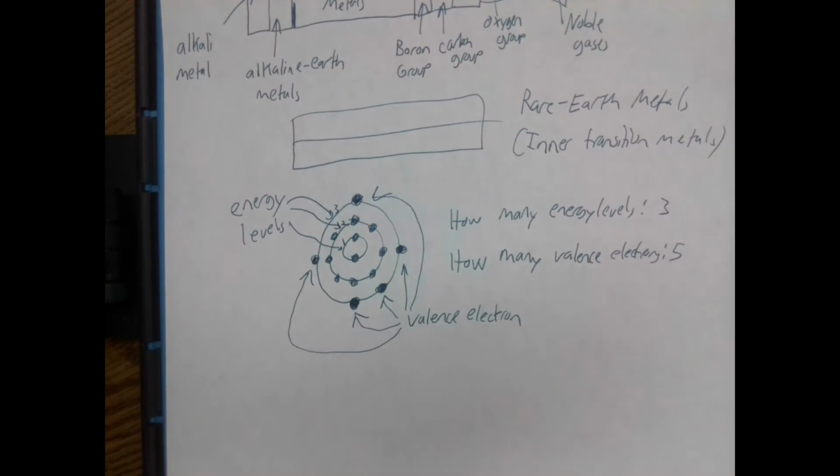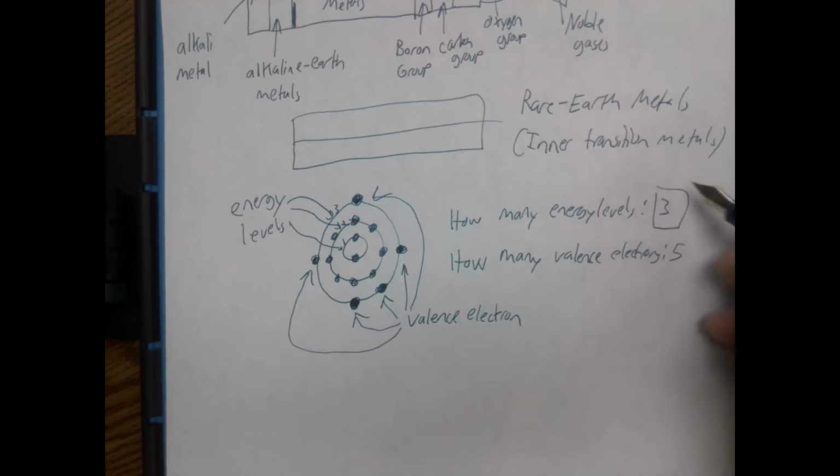Which element is this? So this tells you which row. It'd be row or period 3. And if we were talking about the A group, this would be 5A.